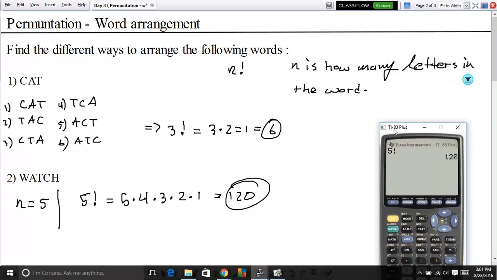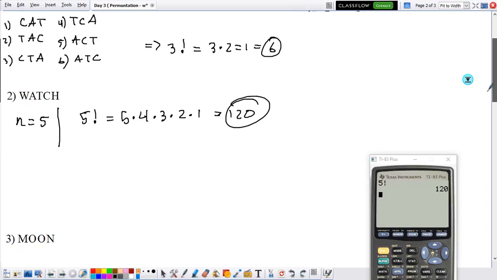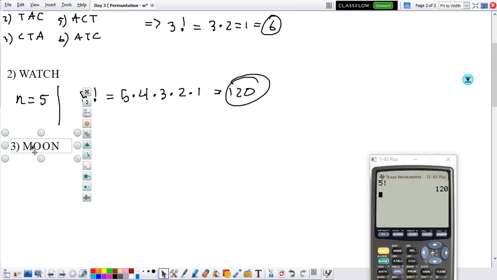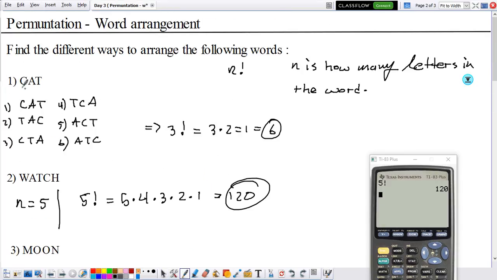Now sometimes it's not as easy as this, because if we look at example 3, there's something different here. In example 1 and example 2, notice that in cat, not a single letter repeats, it's just CAT. In example 2, WATCH, not a single letter repeats.